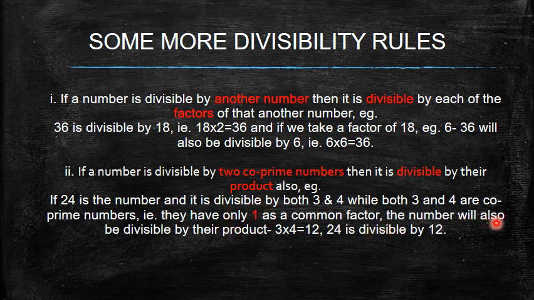The number will also then be divisible by their product. So 3 multiplied by 4 is the product of the two coprime numbers 3 and 4, which is 12, and 12 divides 24 as 12 twos are 24.